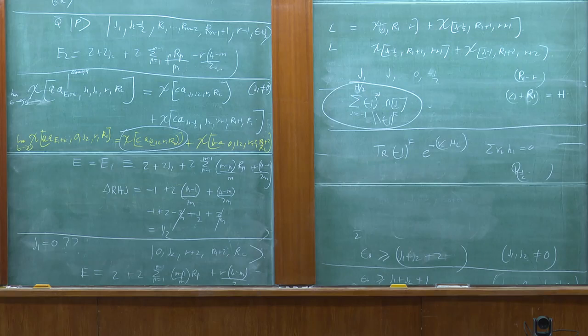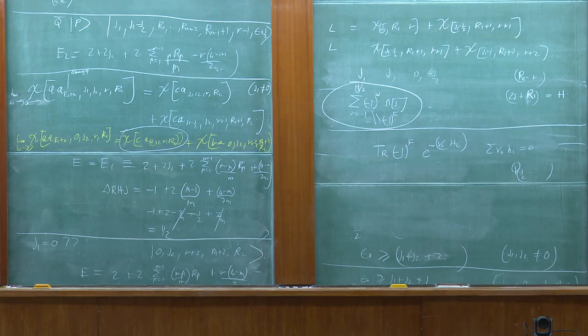Because the chemical potentials vanish on that Q, the chemical potential weighting goes through the Q, but (-1)^F gives you a minus sign. So this trace receives contributions only from those states that are annihilated by this Q.